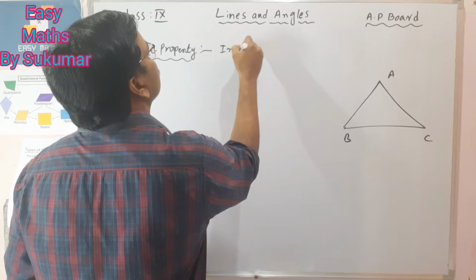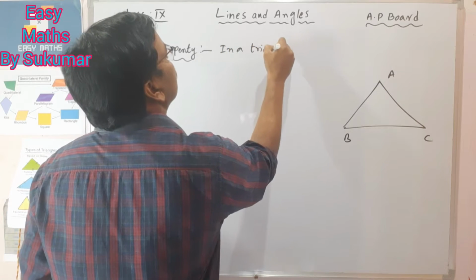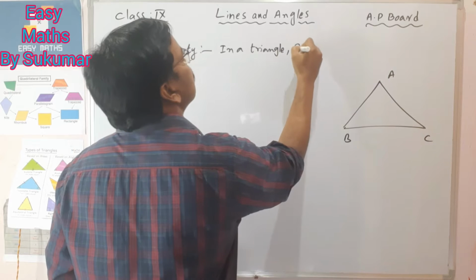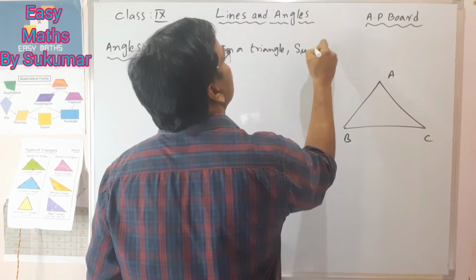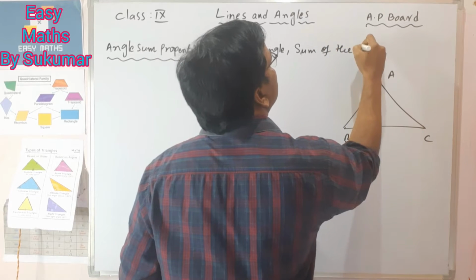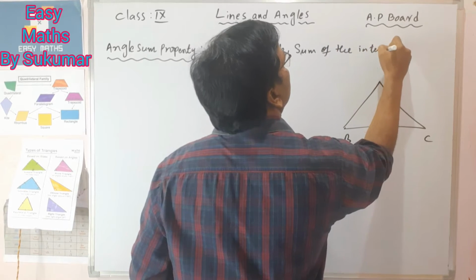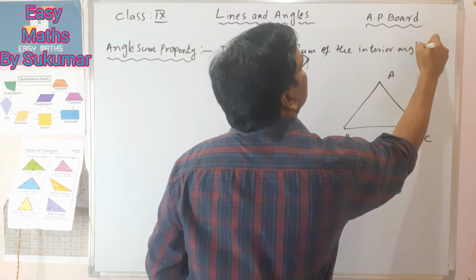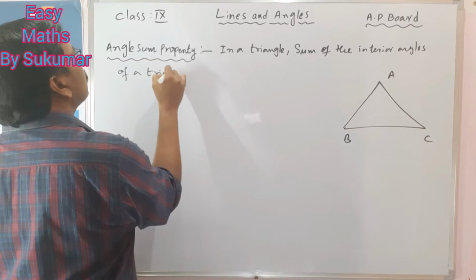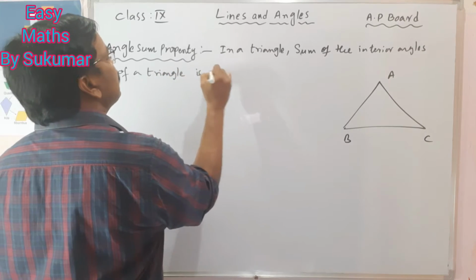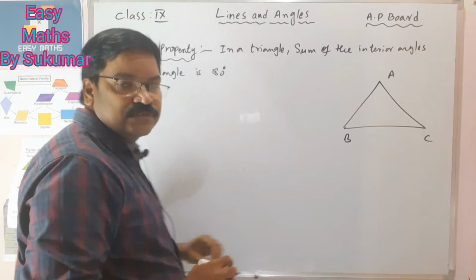In a triangle, the sum of the interior angles of a triangle is 180 degrees.